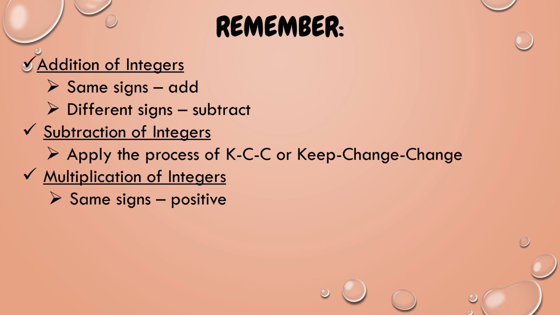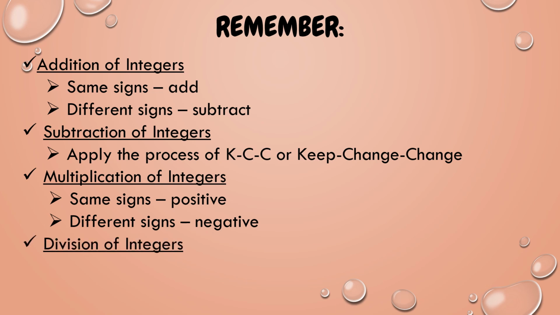Same signs, positive. Different signs, negative. So kung ang dalawang number ay parehong negative, ang sagot sa multiplication ay positive. Kapag parehong positive, positive. Kapag naman magkaiba, isang negative, isang positive, the answer or the product for the multiplication is negative.